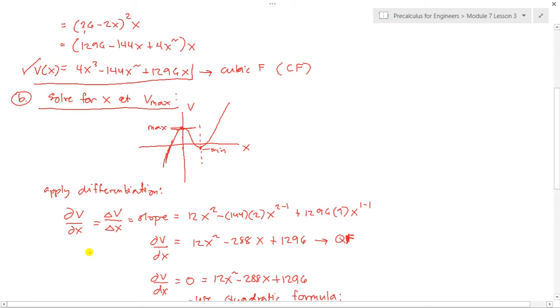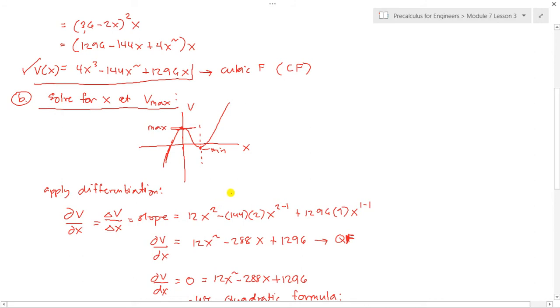The maximum point, where the slope changes from positive to negative, so it increases then decreases, and the minimum point, where it goes from decreasing to increasing. Remember these simple steps in deriving a cubic function: multiply the exponents and the coefficients, and subtract from the exponents.